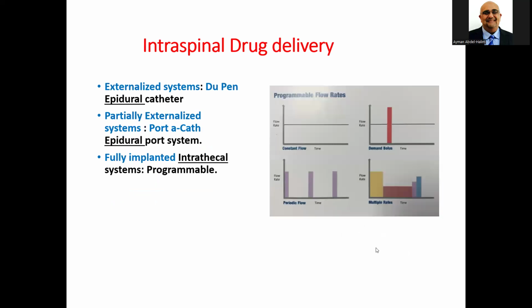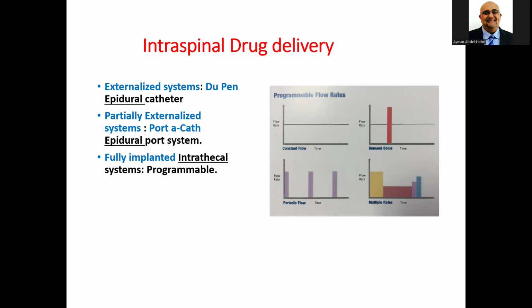So we'll start with the intrathecal drug delivery system, which is really one of the most important methods to treat intractable cancer pain. For patients with life expectancy less than 3 to 6 months, you can use the externalized or partially externalized systems, like the DuPen or the Portacath systems.